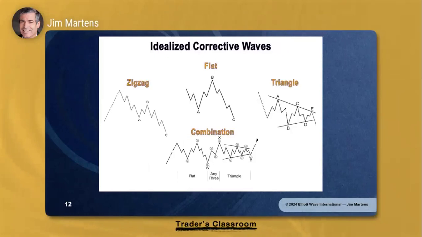Here they are. We normally group them into categories: zigzags, flats, and triangles. But at the bottom, you can see there is a fourth possibility. At times, the correction will include more than one corrective pattern. We refer to these as combination corrections.